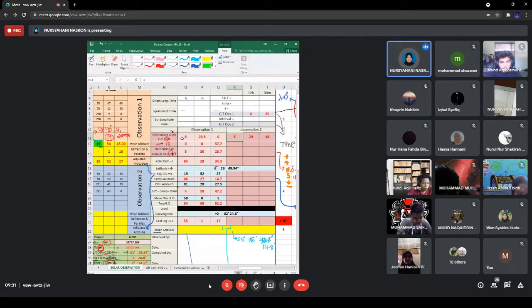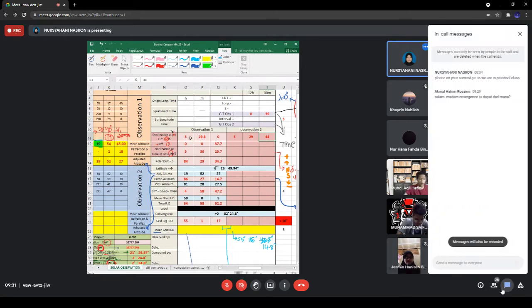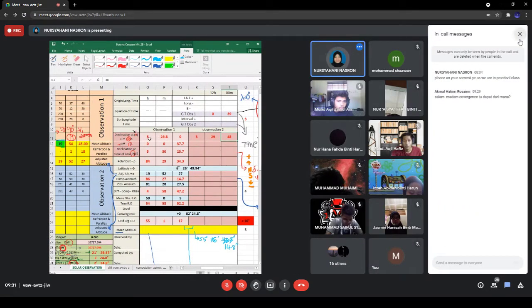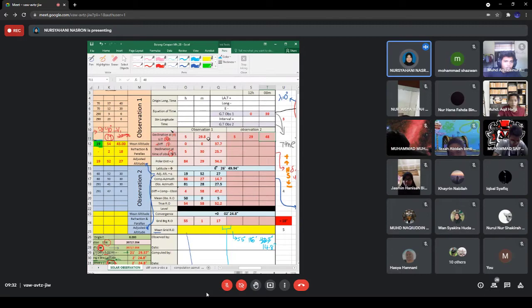Sometimes it will give in degree and minutes for declination, and sometimes it give degree, minute and second. Okay, nak guna mana-mana tak ada masalah. Sebab apa? Sebab it's still the same value. 5 degree 29.8 minutes equal to 5 degree 29 minutes 48 second. Okay, sama je.